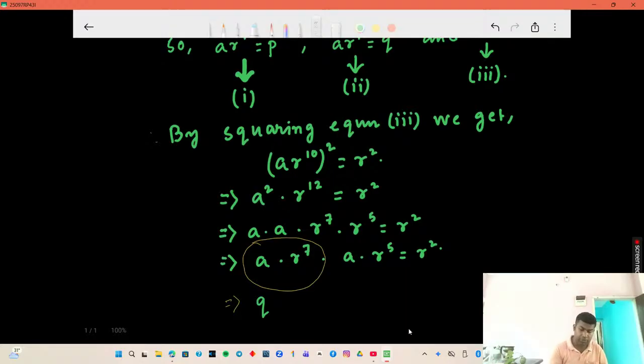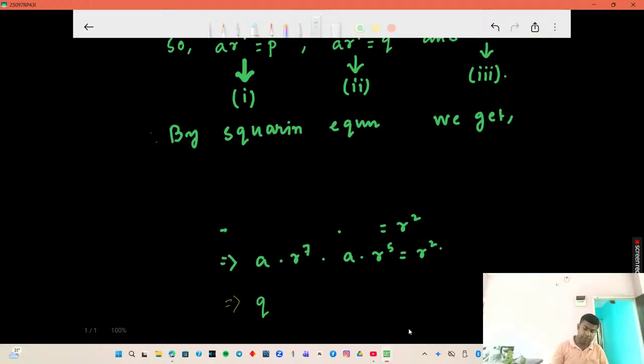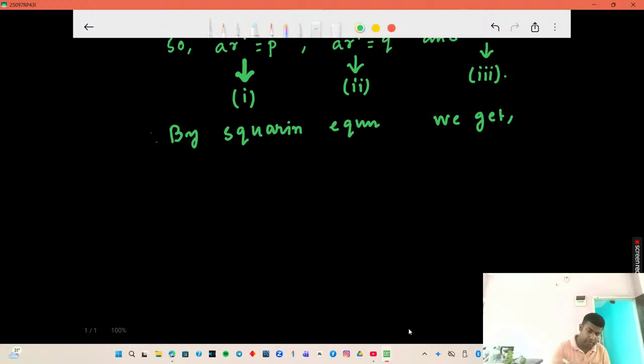We will not square equation 3 here. Sorry. So we will square equation 2, not equation 3.